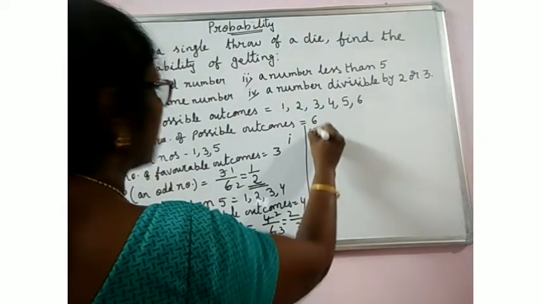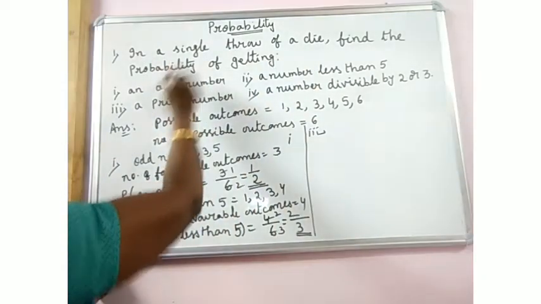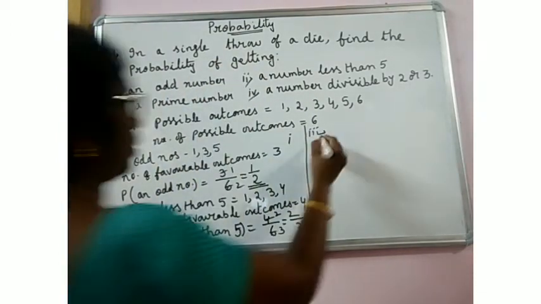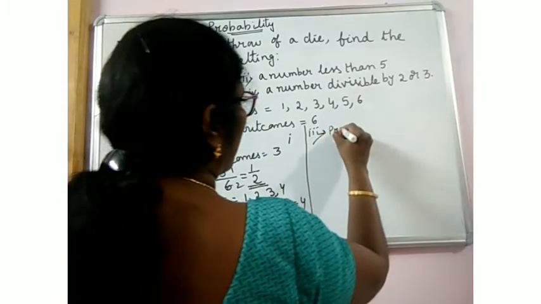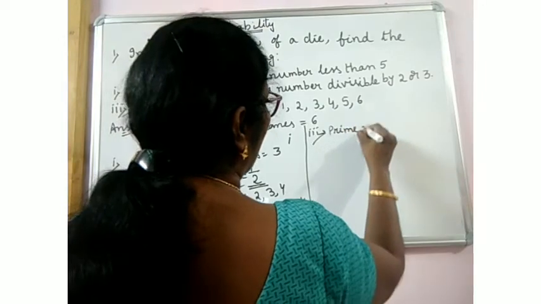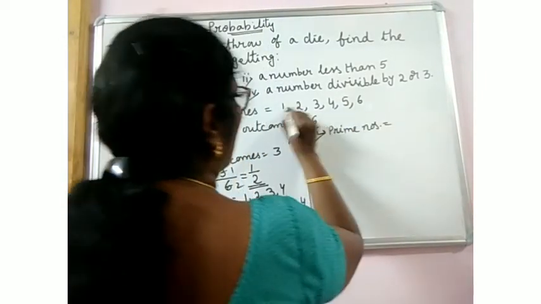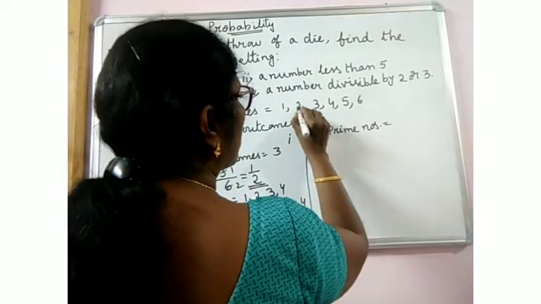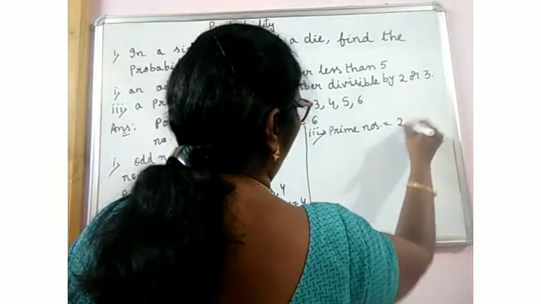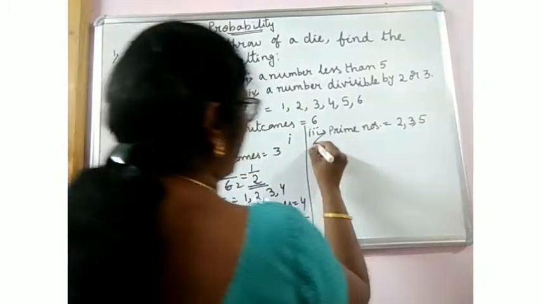Now the third bit is, find the probability of getting a prime number. What are the prime numbers here? 1 is neither prime nor composite; the primes are 2, 3, 5. You know what a prime number is.